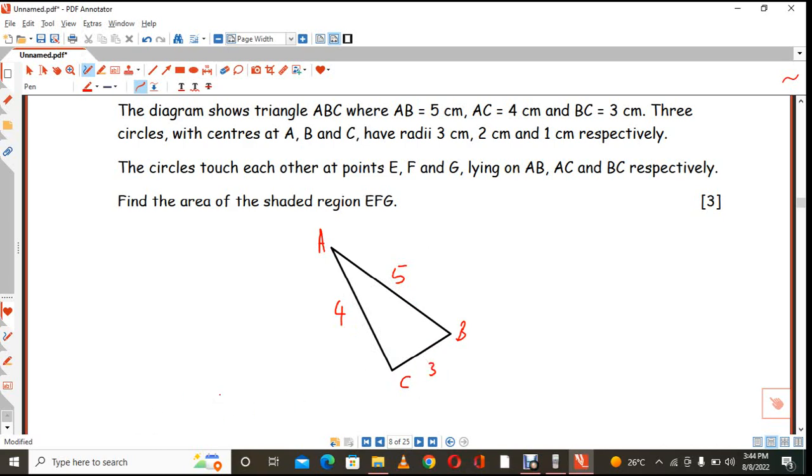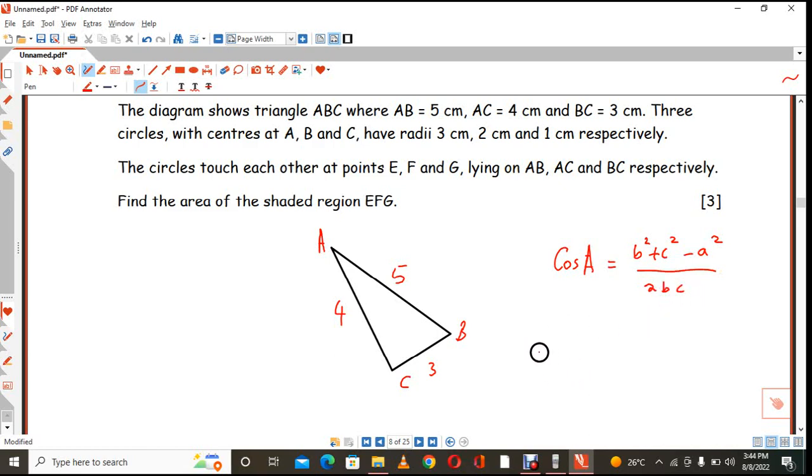I hope you still remember, if you have a scalene triangle, how you are going to find the angle. You'll say cos A, for example, is equal to the sides surrounding it: b squared plus c squared minus a squared, all over 2bc.